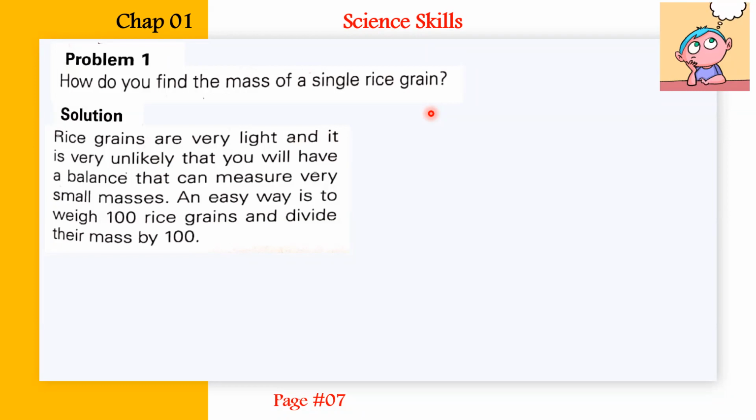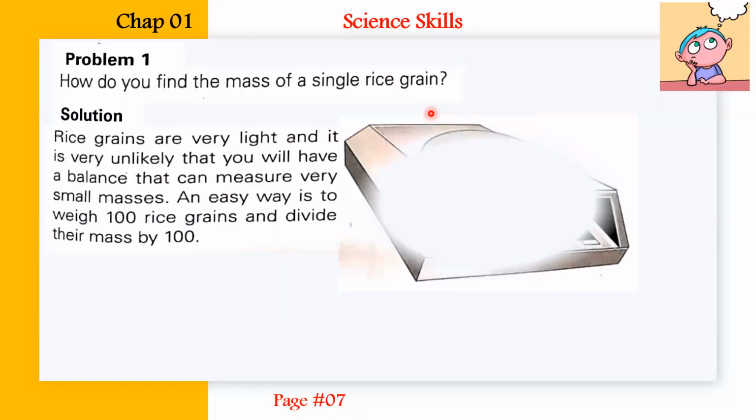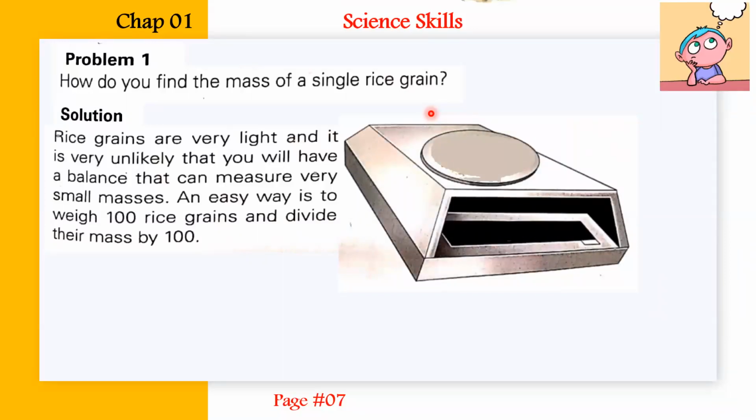Because a rice grain is so small and we have no balance to measure the mass of such a small quantity, we collect 100 rice grains and then divide by 100.